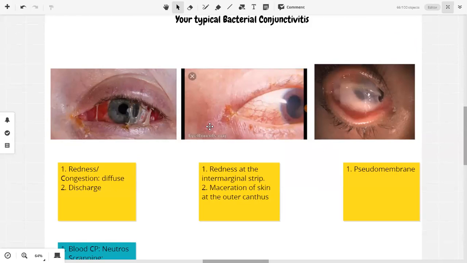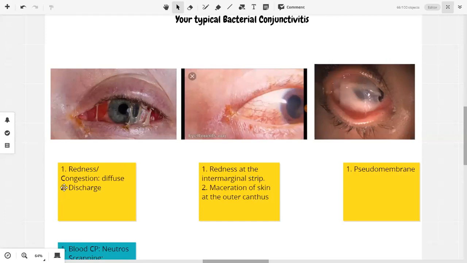Now, the important thing with these three cases is we have to find out which organism is causing this specific type of conjunctivitis, and that we can do based on some specific signs which I've told you.